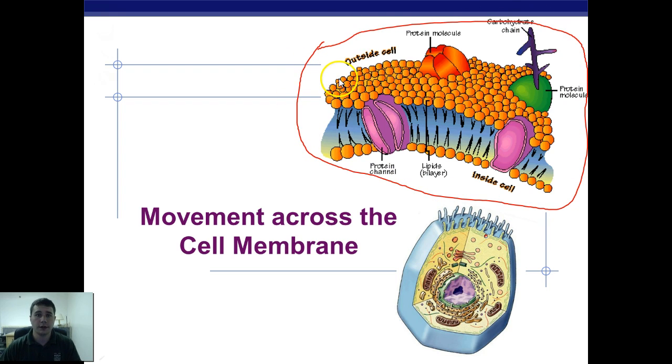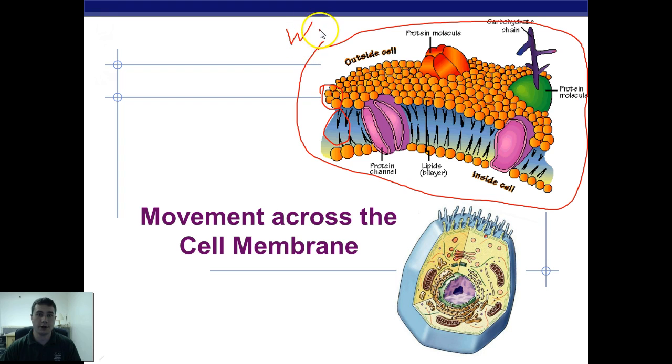Just as a quick review, of course, the cell membrane is made of phospholipids, which have a phosphate head, which is right here, which is hydrophilic, which means it's water-loving, and then it has fatty acid tails, which are right here, which are hydrophobic, which of course means water-hating or water-fearing.